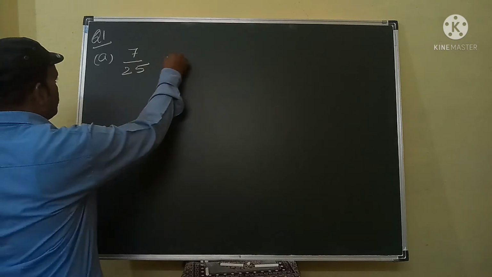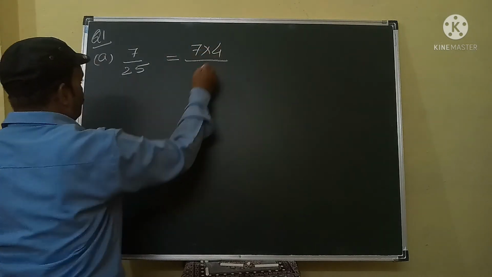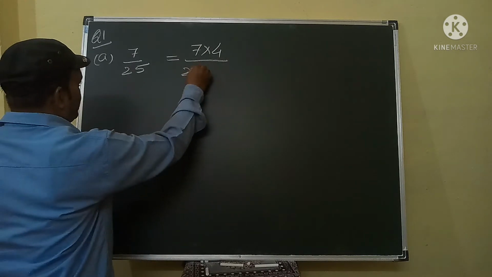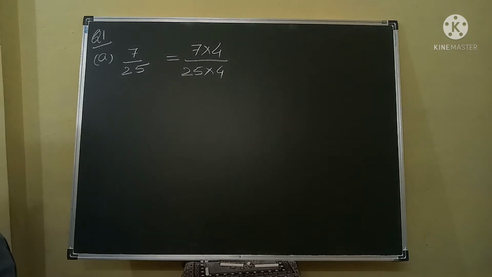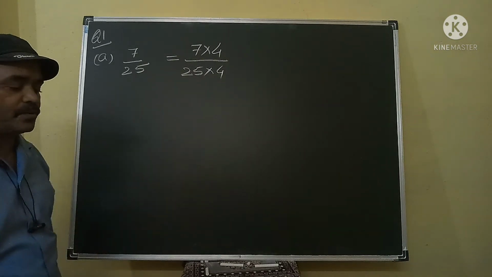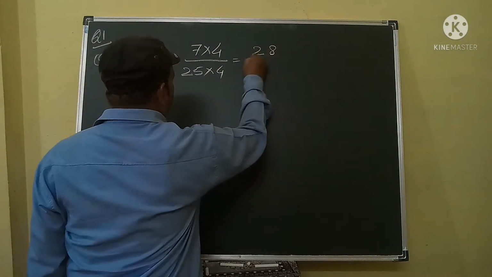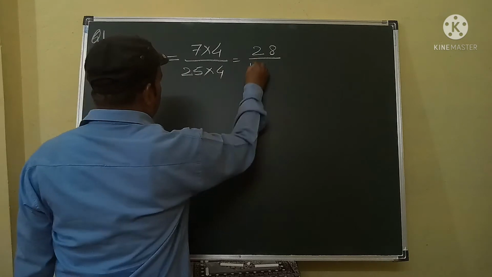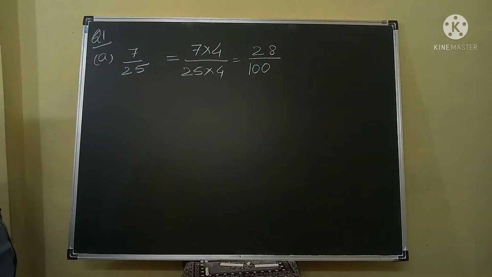So we multiply the numerator and denominator by 4. 7 times 4 is 28, and 25 times 4 is 100.